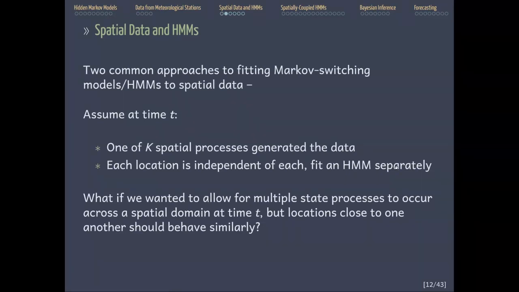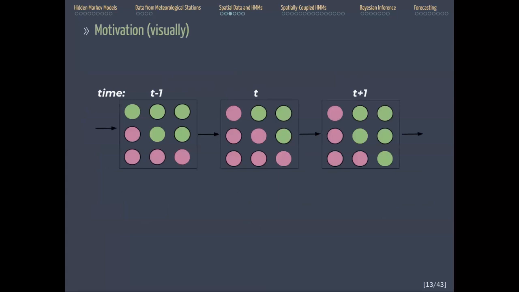What I generally saw is that we do have these Markov switching spatial hidden Markov models, but you can assume that there's one spatial process that generates all the data at each point in time, or you take each location to be independent of each other in some way. So what we wanted to do is say, well, what if we don't assume that each process is governed by the same dynamics? Say we have a green and a purple dynamic over space.